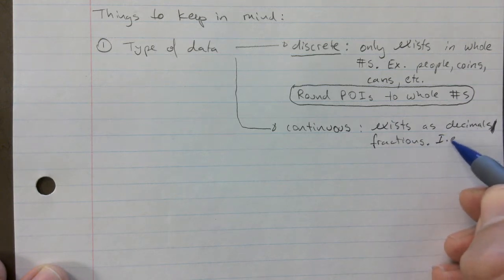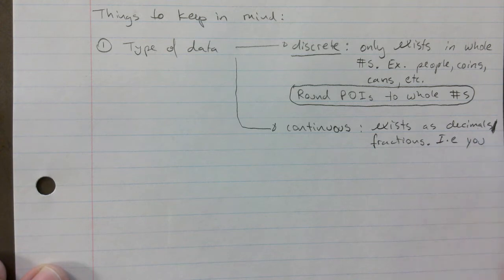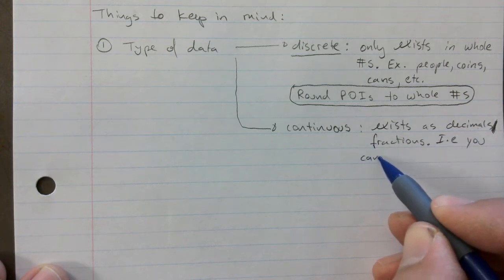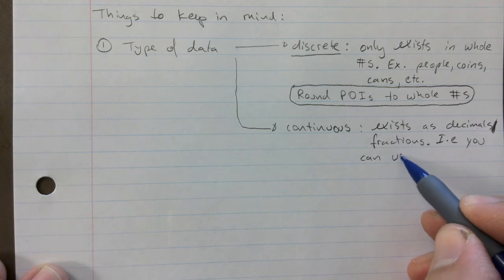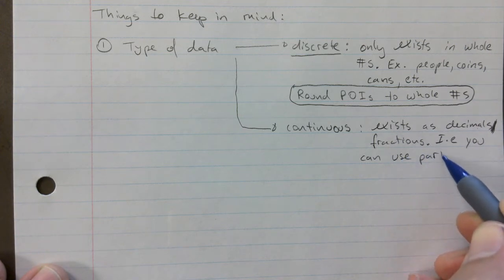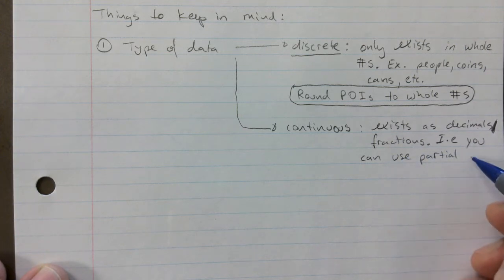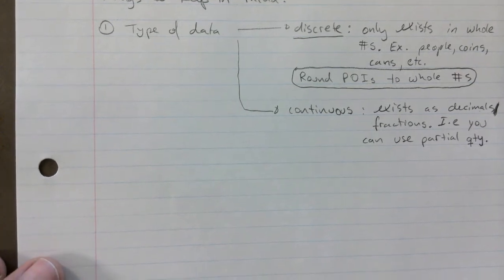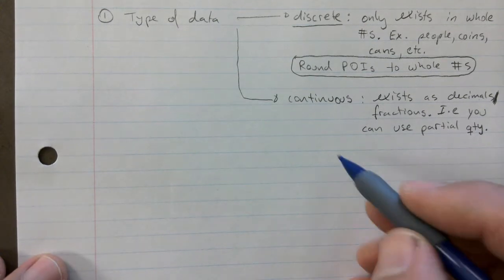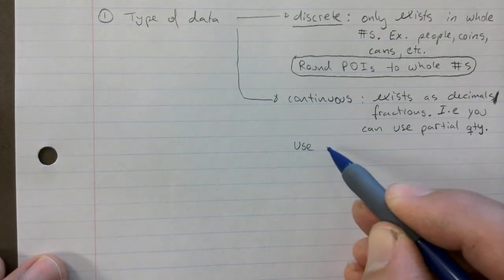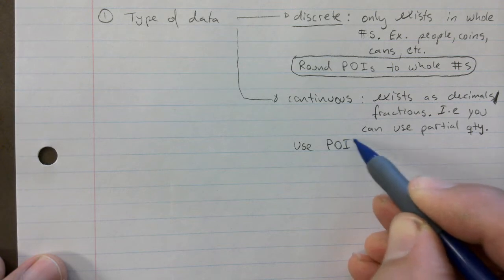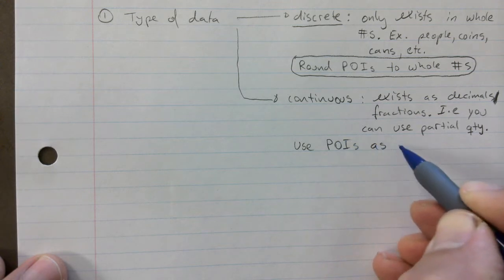In other words, you can use partial quantities. I'm just going to do that, quantities, just to make it fit there. We can use the corner points as is, right? Use the POIs as is, right?